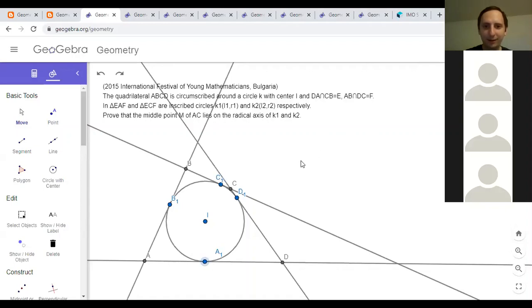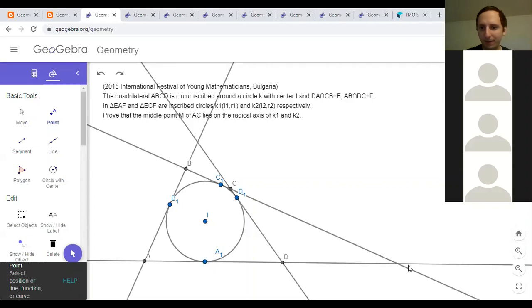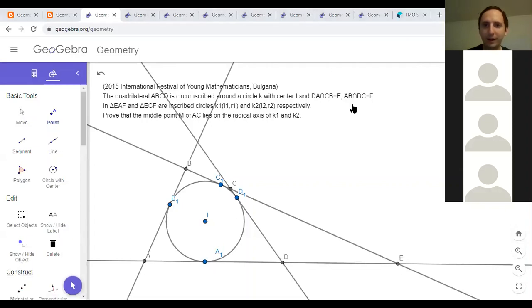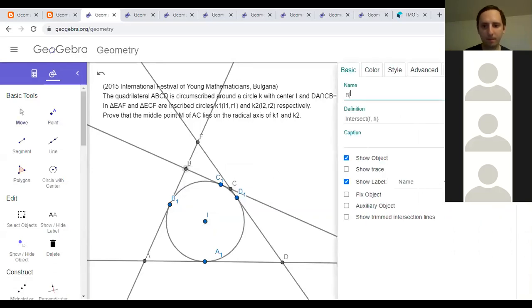DA intersects BC at E, and AB intersects CD at F. In triangles EAF and ECF, maybe I should switch A and B and C and D. If A, B, C, D, we replace D with AC.